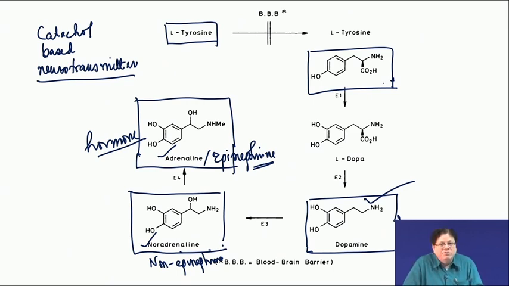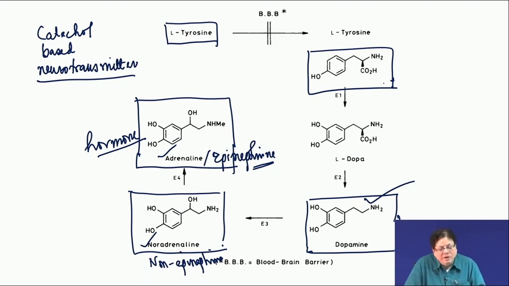If I take L-tyrosine orally, it will be absorbed from the gastrointestinal tract and then circulated in the blood. Now, when something is in the blood, that does not mean that, although the blood goes to the brain, the drug will be transferred directly to the neuronal cell.